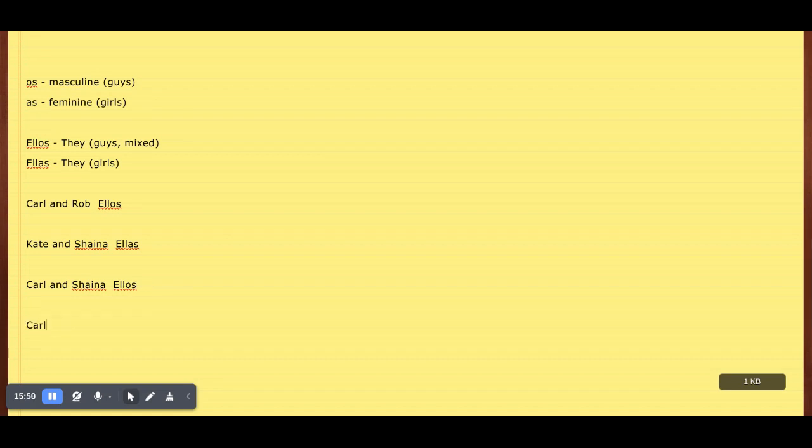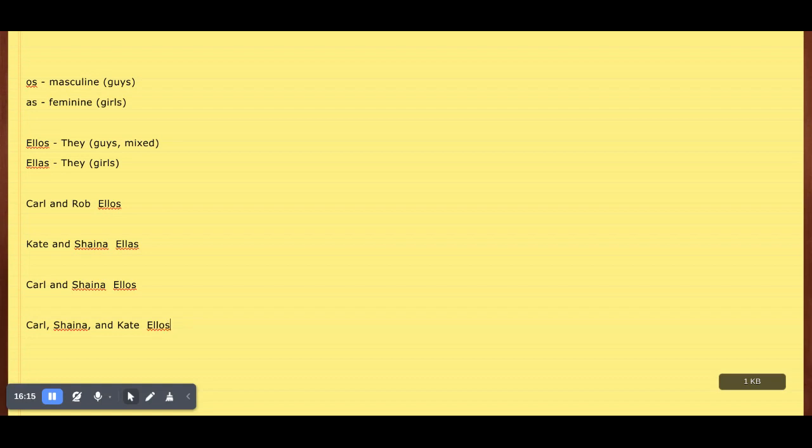Now, if I wanted to say Carl, Shayna, and Kate, well, now you can see we have more girls than guys in this group. So that means that it's going to be ellas, right? Because there's more girls now. Nope, that's not how Spanish works. Anytime there's just one guy in the group, it's still going to be ellos.